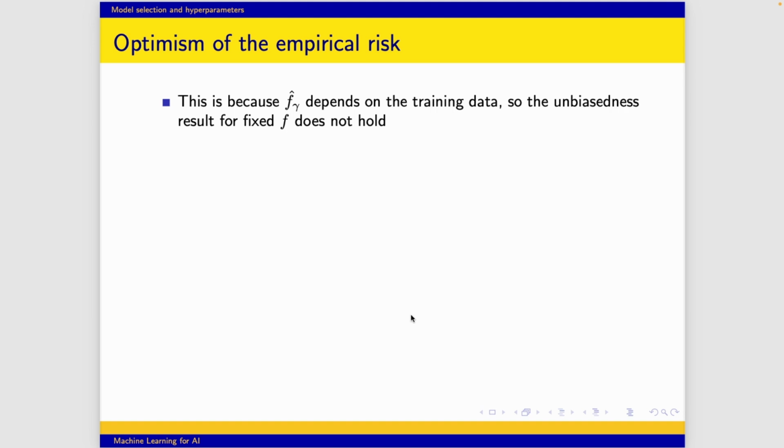And this is because our empirical risk minimization solution, F gamma hat, is not a fixed function. We saw that the empirical risk is an unbiased estimate of the true risk if we have a fixed prediction rule or fixed function. In this case, we don't have that. So we can't apply this unbiasedness result that we got.